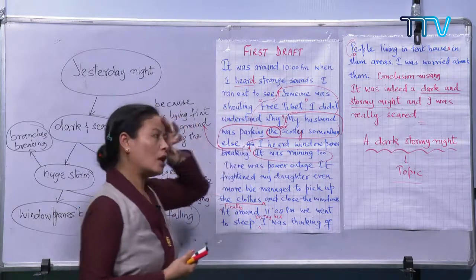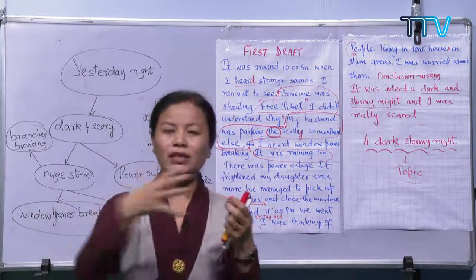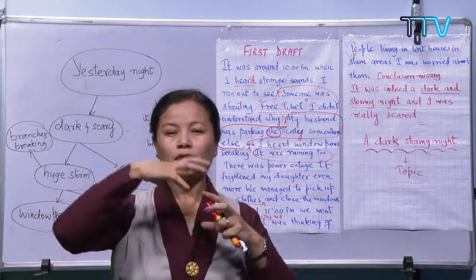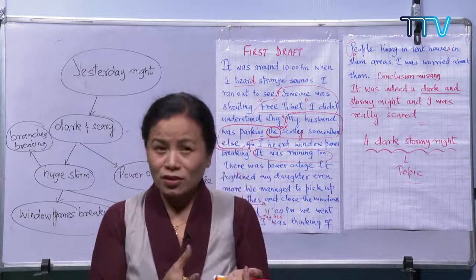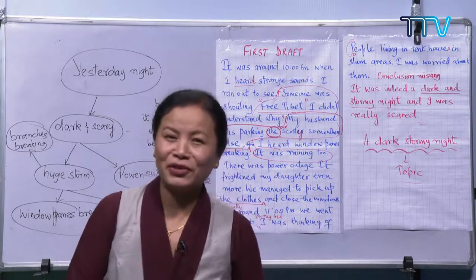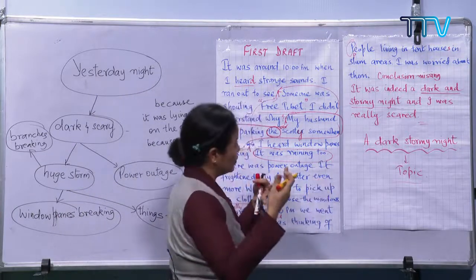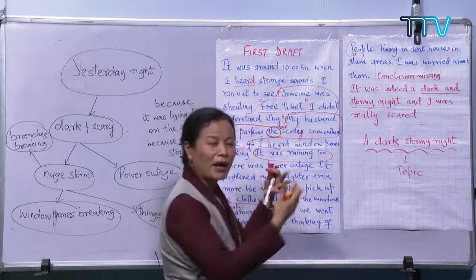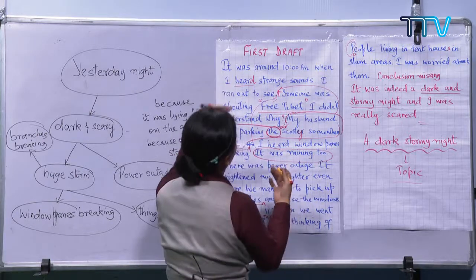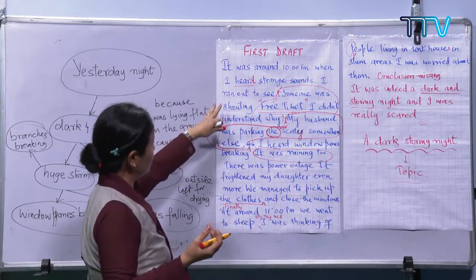How about comparing the sound of the wind to some cries of ghost? Will that be able to infuse that fear in you? So what we can do is, in order to create that fear, we can add some elements. Okay. And we can also change the way we begin the piece of writing.